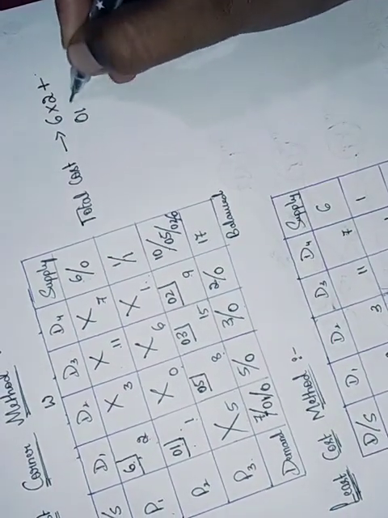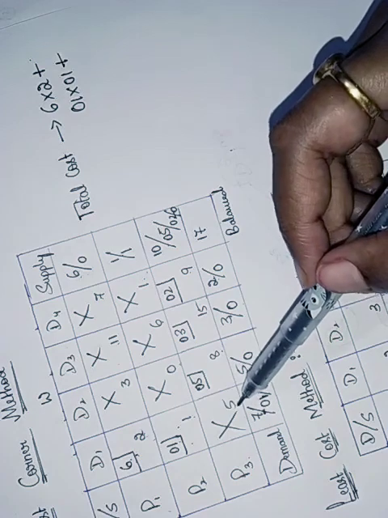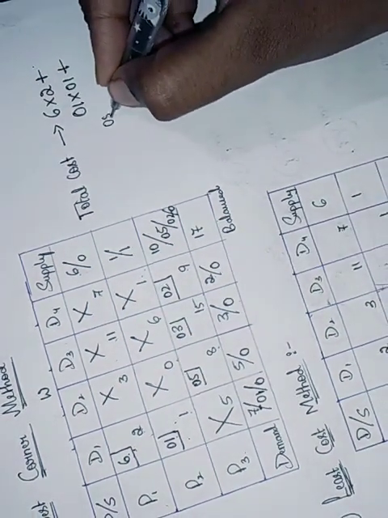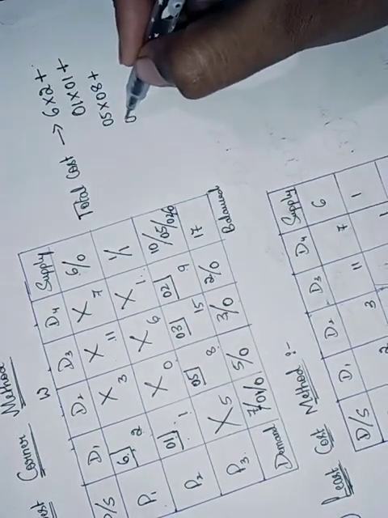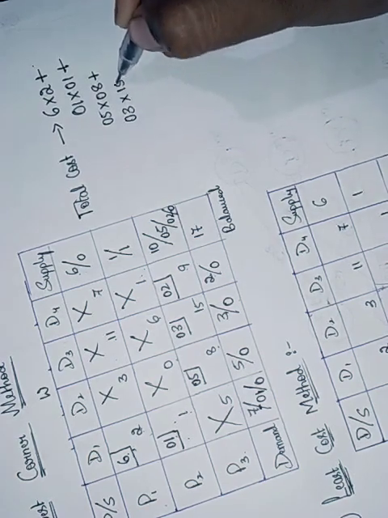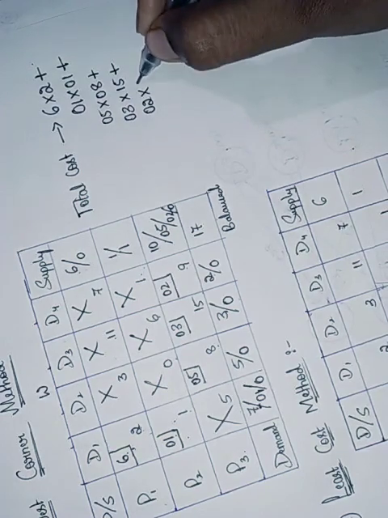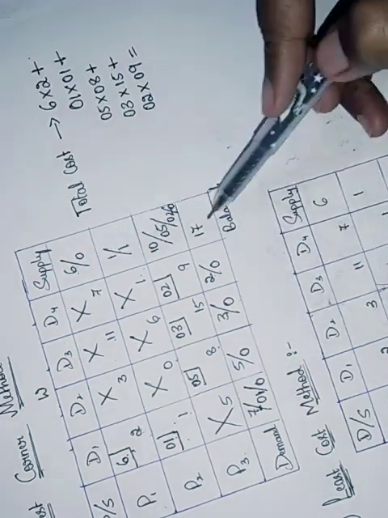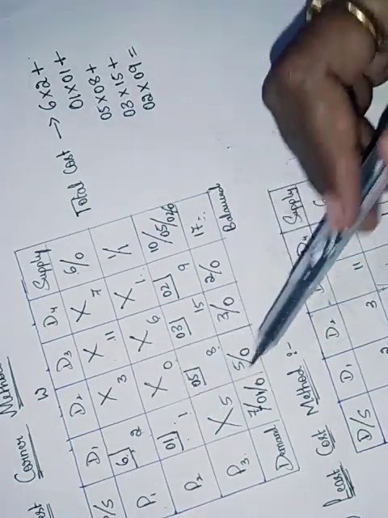In the third row I have allocated 5 units at 8 rupees each, next 3 units at 15 rupees each, and the next one 2 units at 9 rupees each. I have not taken this column because it is the supply column and this row is the demand row. We need to take only these 3 rows.